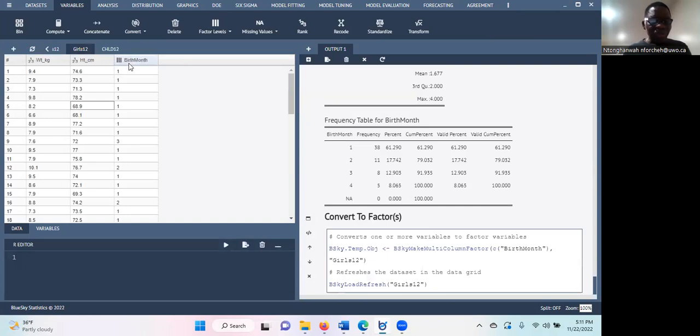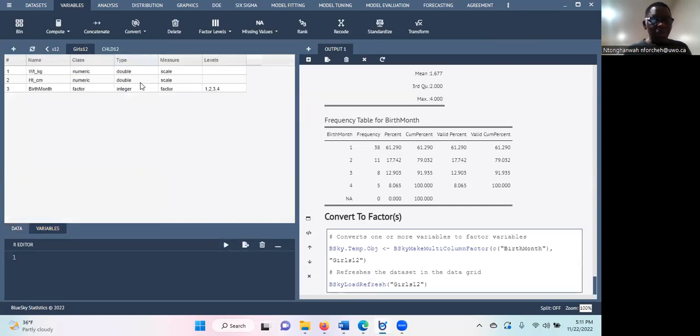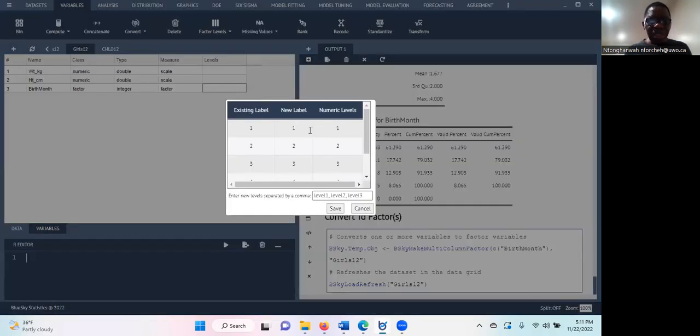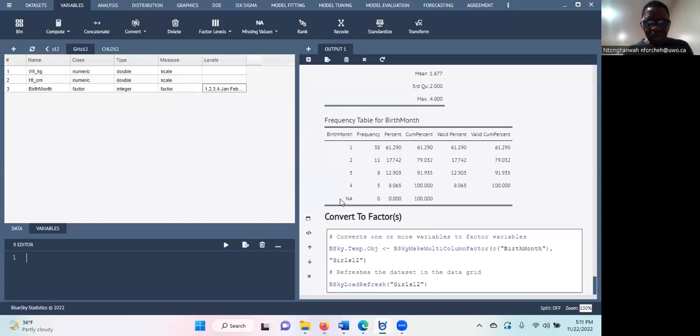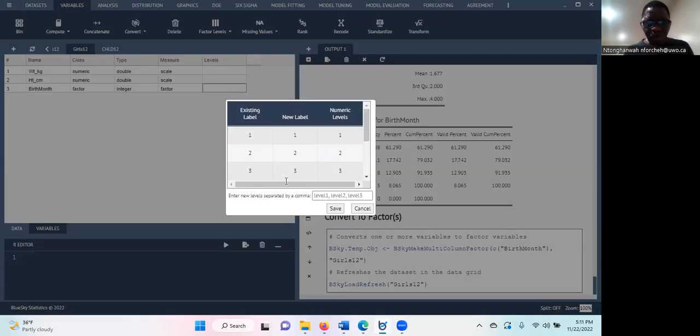Okay. Now you can say as a factor. You can even actually go and name them now. So we know that these factors here are January, February, March, April.